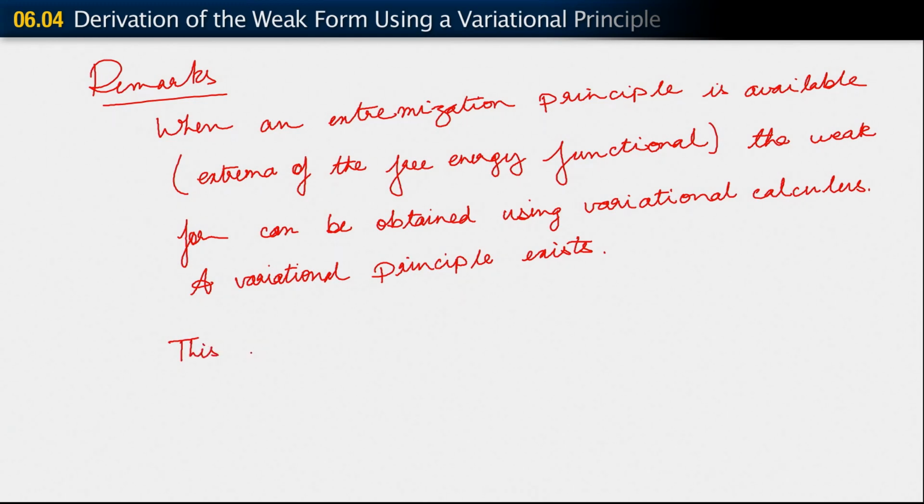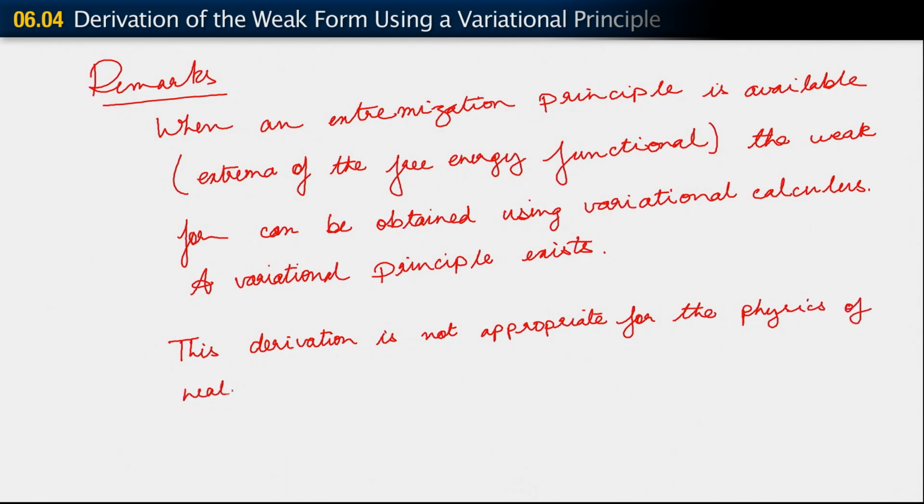Pertaining to that, I will state that this derivation is not appropriate for the physics of heat conduction or mass diffusion.